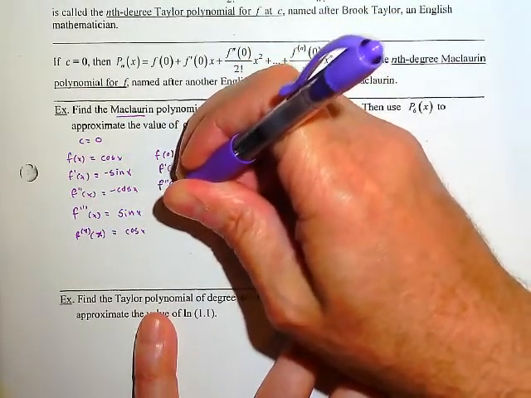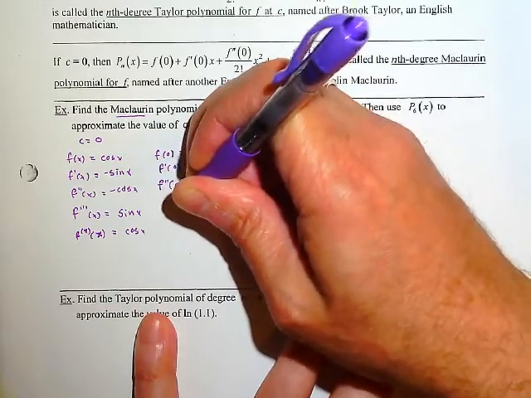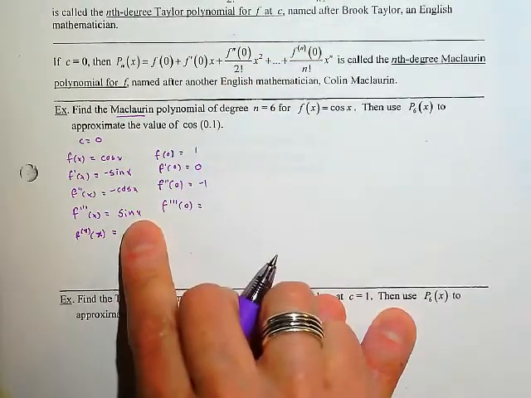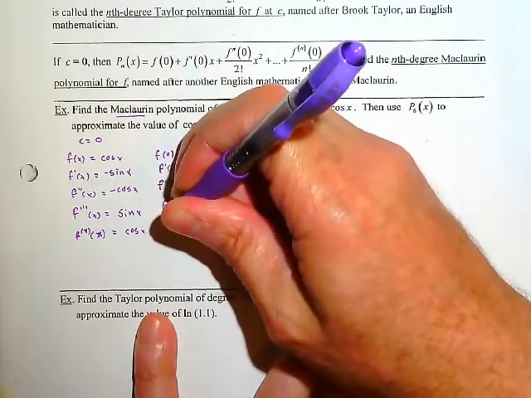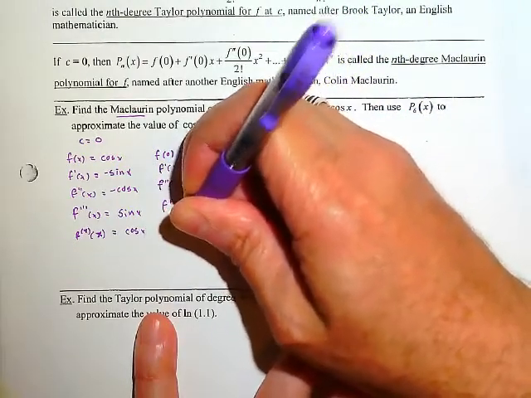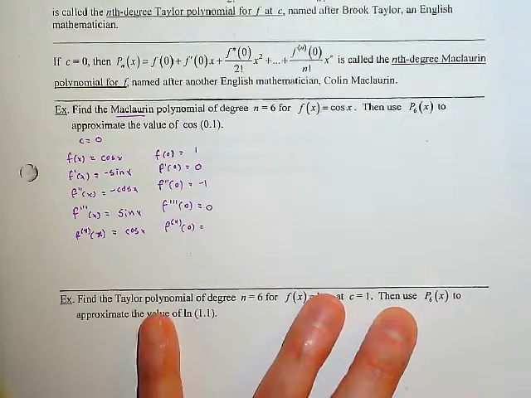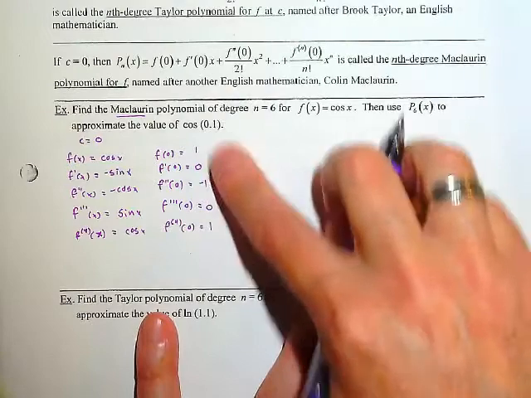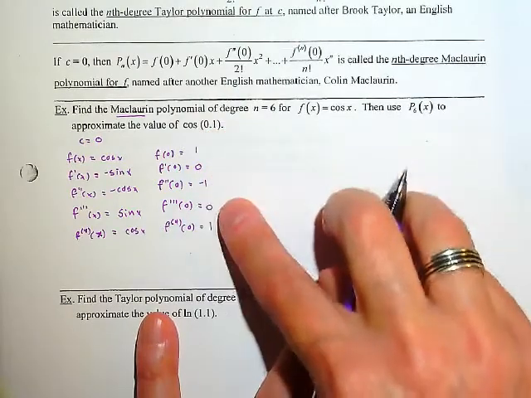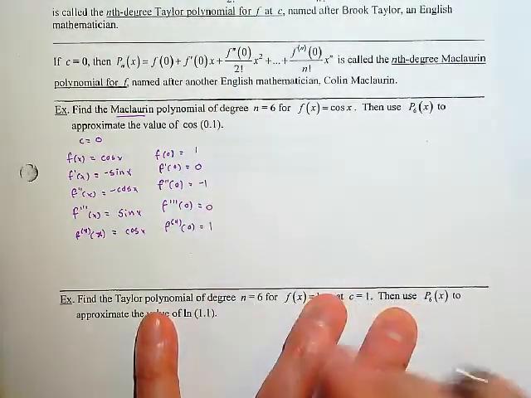F third at 0, that's the sine of 0, back to 0. And then the 4th derivative at 0 is cosine of 0 again, which is 1. So can you see these patterns repeating? 1, 0, negative 1, 0, 1, 0, negative 1, 0.